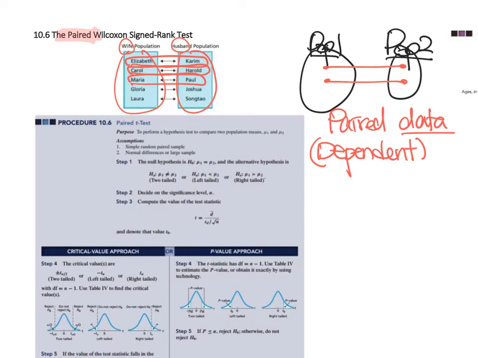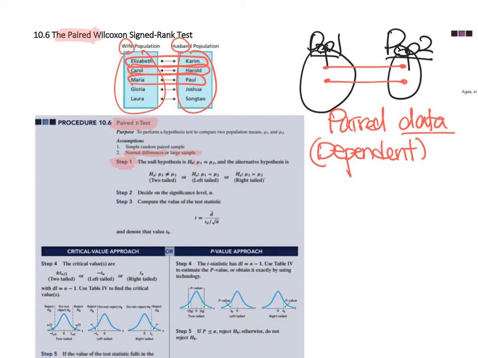Parametrically we apply the t-test. Even though in step number 1, absolutely, it is parametric, it's a paired t-test. We assume the normal distribution or a large sample.